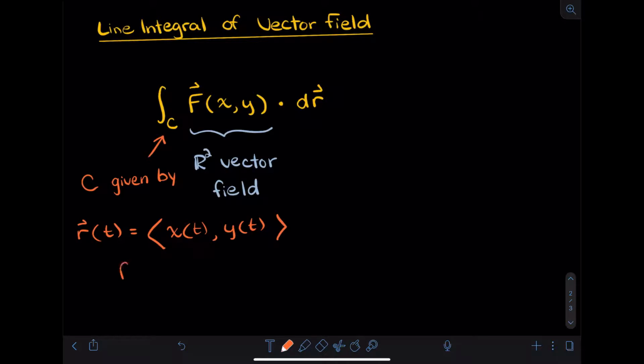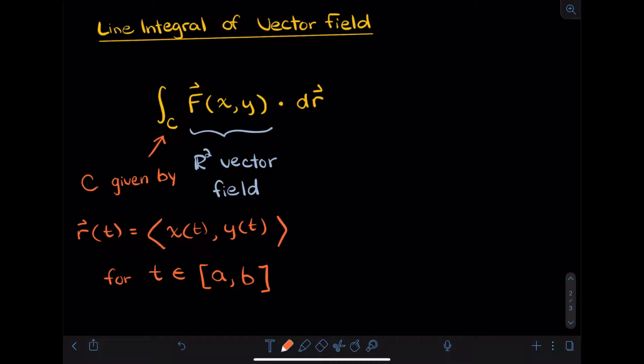And we're going to have that for t starting at A and going until B. So now you might realize this is pretty much identical to what we talked about with scalar fields, and it really is. Because in this case, C is still going to be some sort of curve, but again, we want to write it parametrically. So that's the same thing we're doing here.